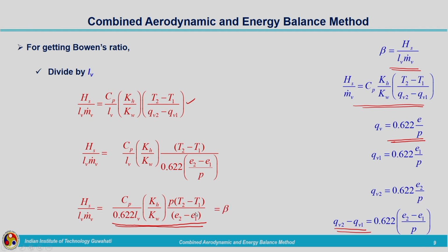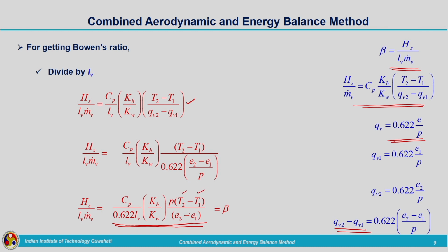So, this is the expression for beta. Look at the terms contained in the equation for beta: Cp, 0.622, Lv, which can be computed by means of the empirical equation we have discussed earlier. Kh and Kw are known values, coefficients, and the atmospheric pressure P can be calculated.